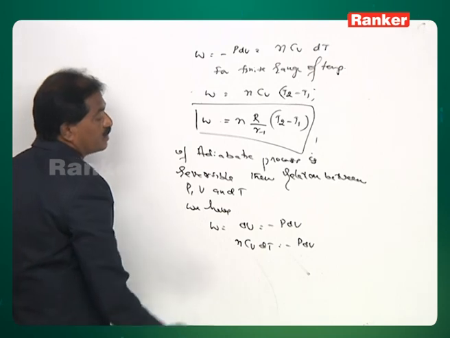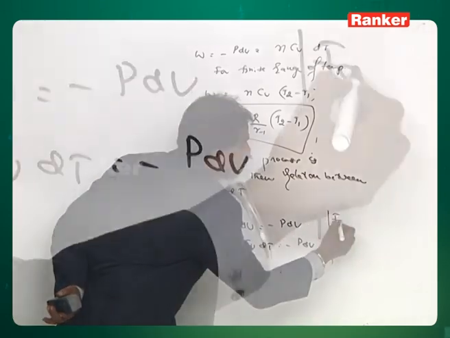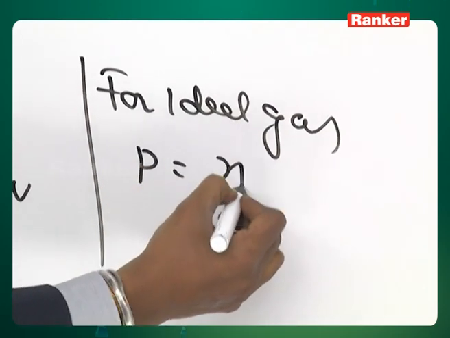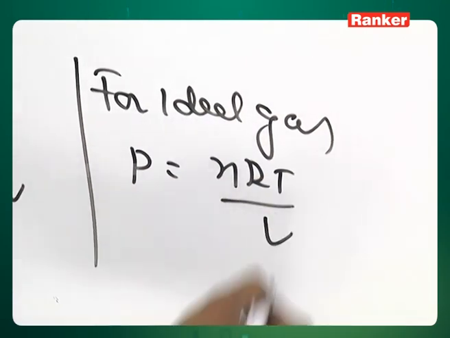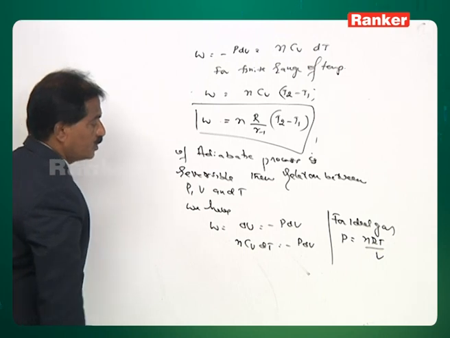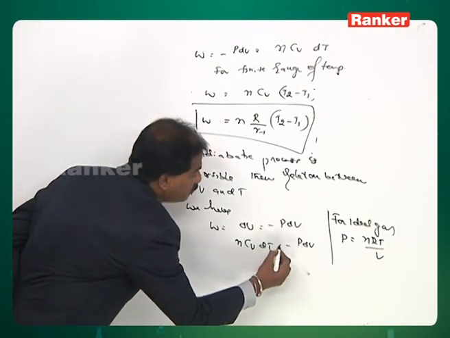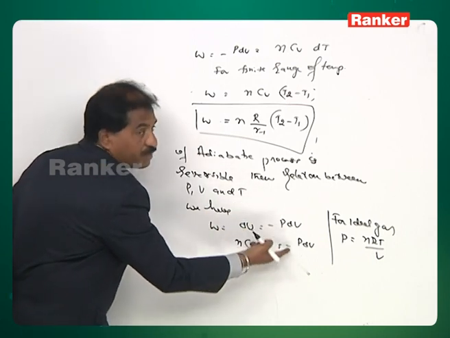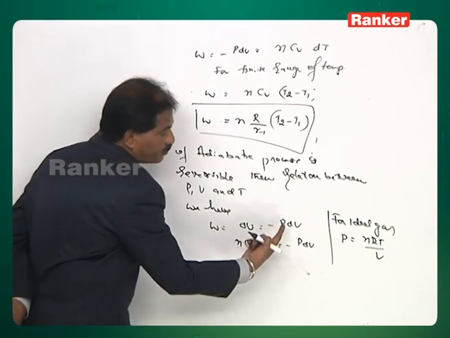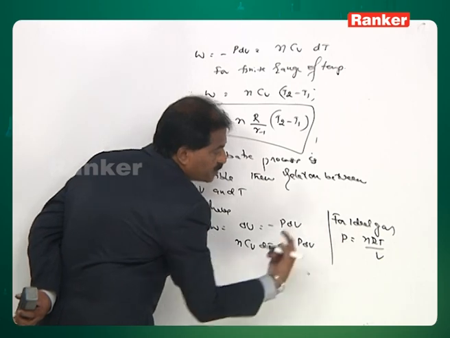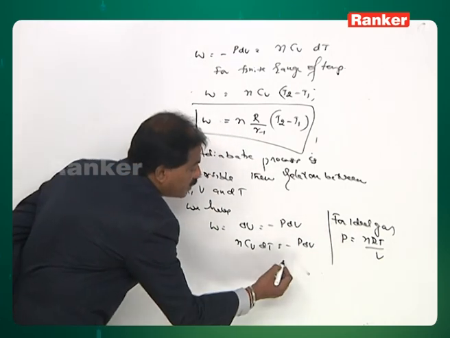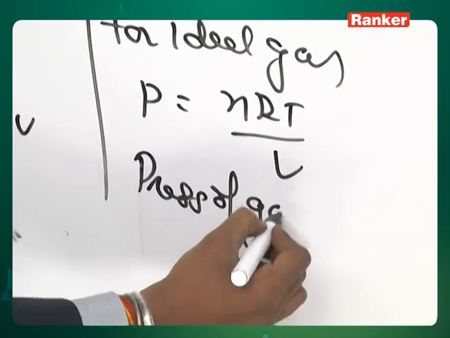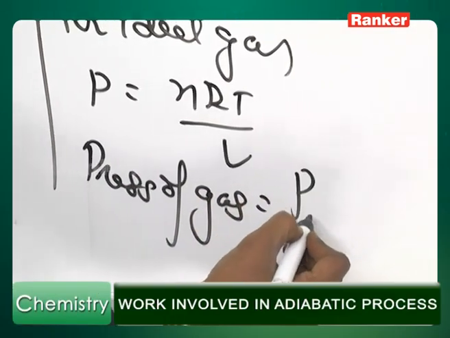For ideal gas, P is equal to nRT by V. Therefore, during the reversible process, the pressure of the gas and pressure of the surroundings are same. For that pressure, we are giving the expression. Here pressure of gas is equal to pressure of surroundings.